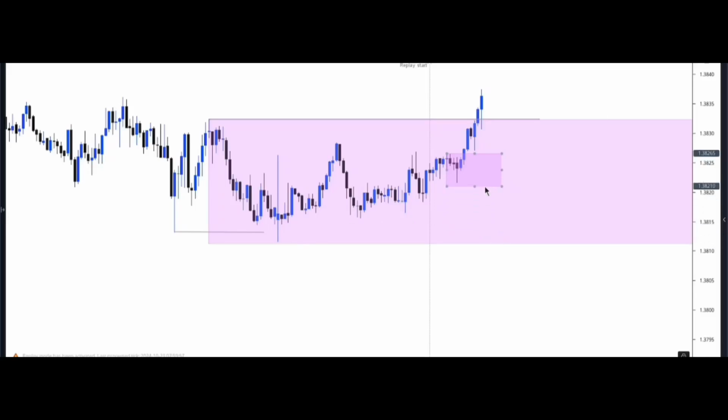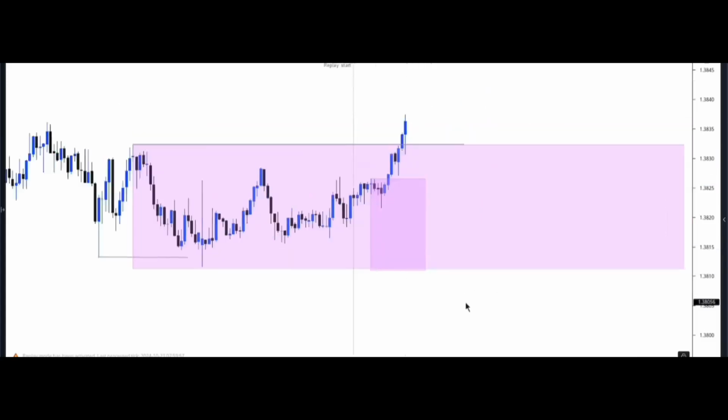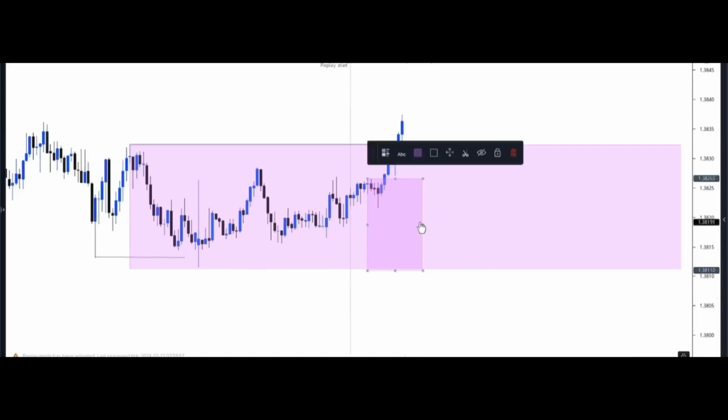You can, but that's risky, because look at this zone here, this wick here, price can come to it. So to be on the safe side, just put your stop loss below that low. Okay, just at that low like that. That's your stop loss. So that's the zone we want to take, slightly smaller than the 4H zone.